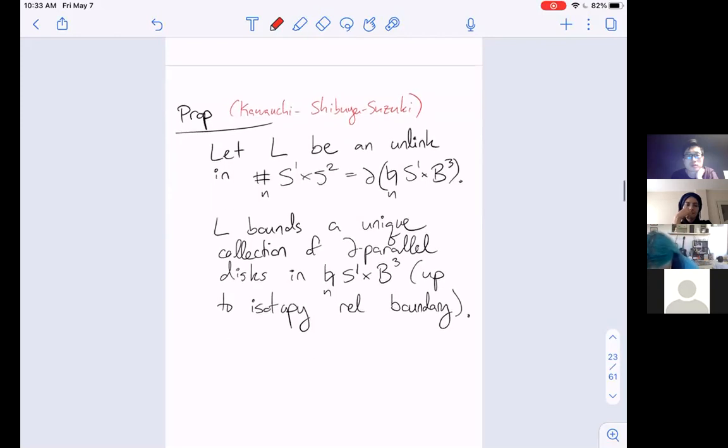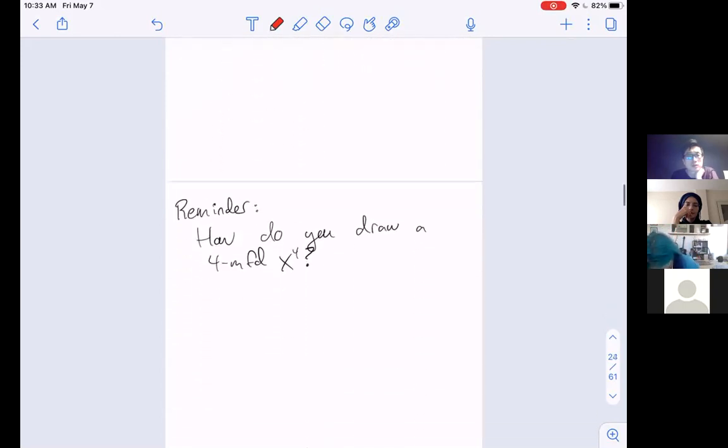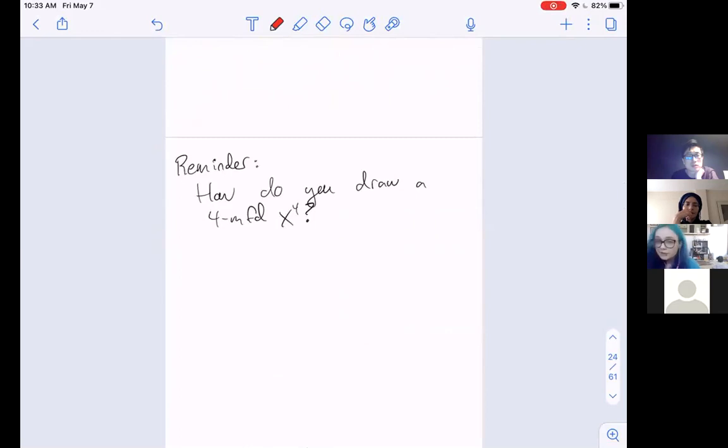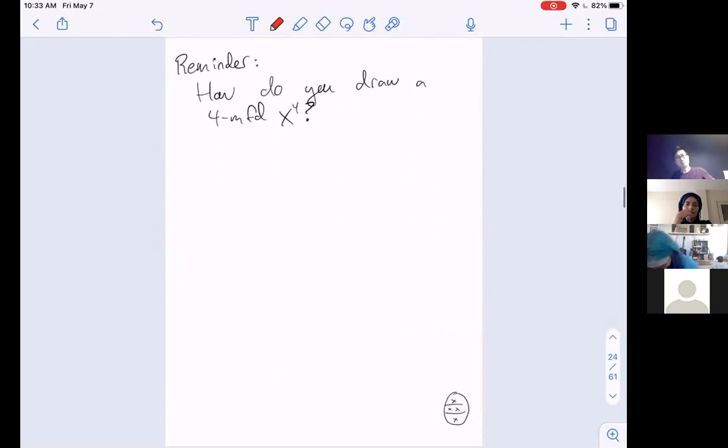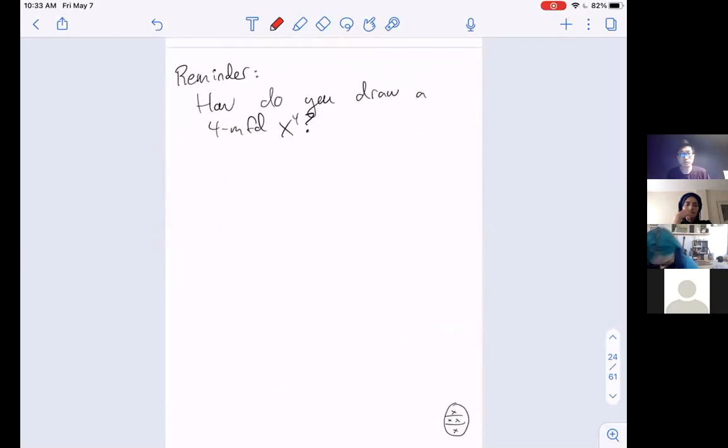In particular, if you're familiar with 4-manifolds, then you should be very happy to see a boundary sum of S1 cross B3s, given that I'm pulling things up and down and there are Morse functions; these things show up all the time. So here's a reminder: how do you draw a 4-manifold X4?